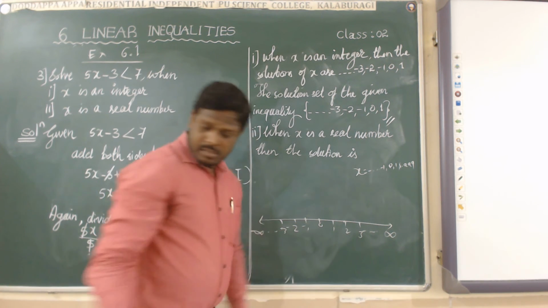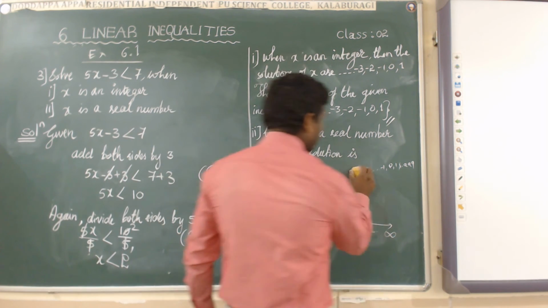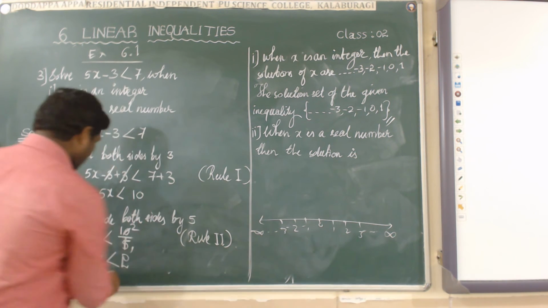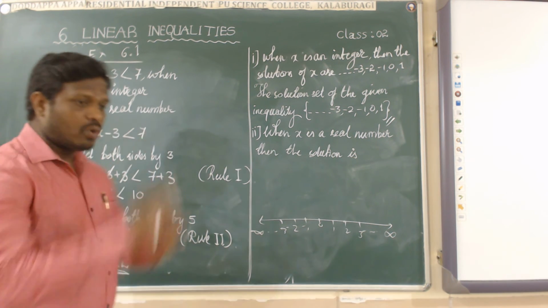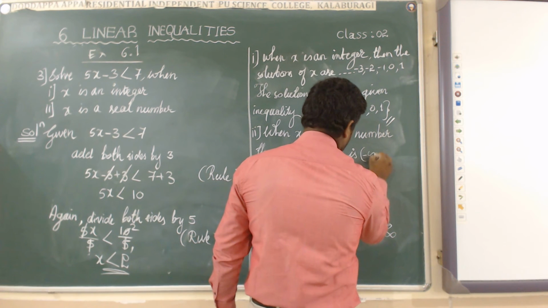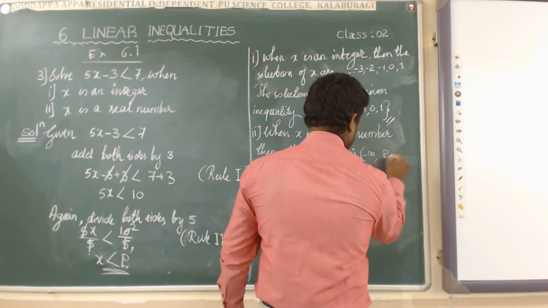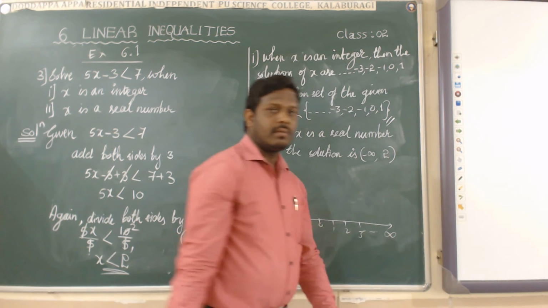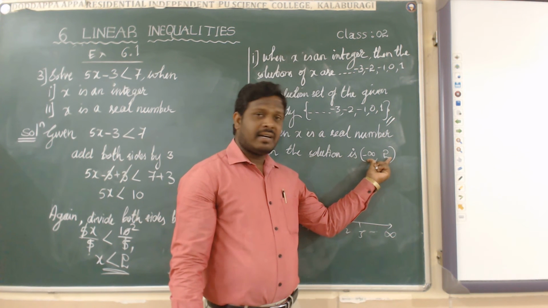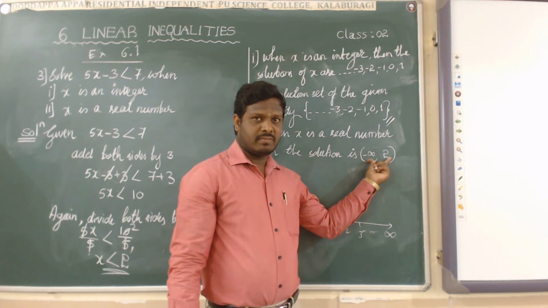Now I am writing this solution in intervals. See here, this symbol means an open interval on both sides. So here minus infinity and 2 will be coming. What does this open interval mean? Excluding the extreme values.